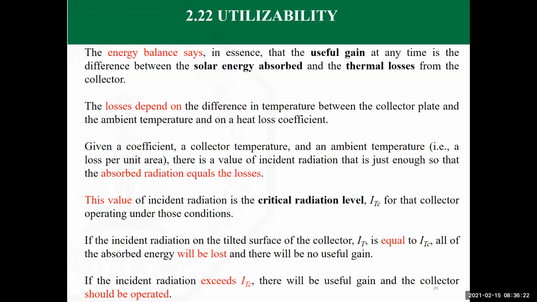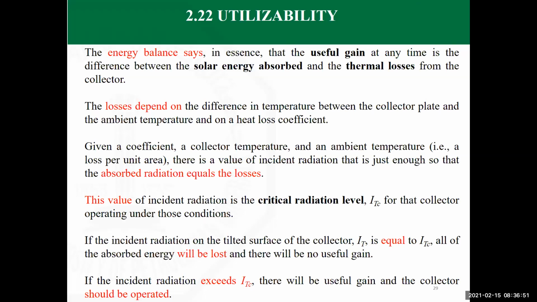There could be a condition, either early in the morning or late in the afternoon, where the energy received from the sun is low and it is equal to the amount of energy being lost to the surroundings due to the increased temperature. This value is what we refer to as the critical radiation level.